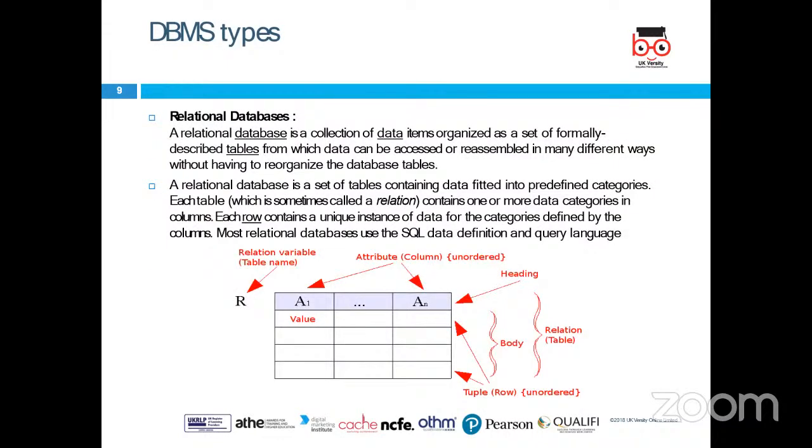When it comes to a relational database, which is what we're going to put our focus on, it is simply a collection of data items organized as sets of formally described tables from which data can be accessed or reassembled in many different ways without having to reorganize the database tables. So once you start using Oracle database or MySQL database, you'll be working with lists.